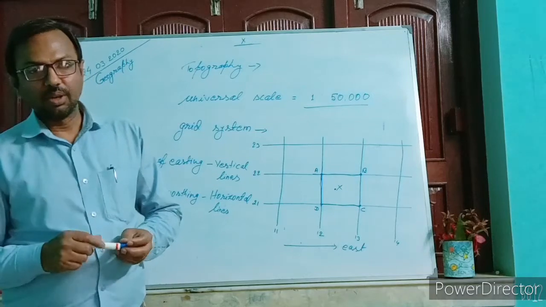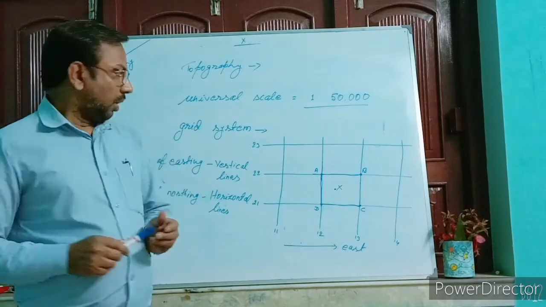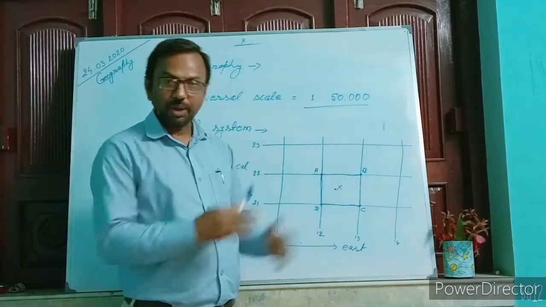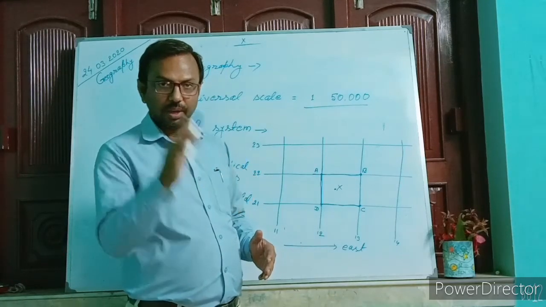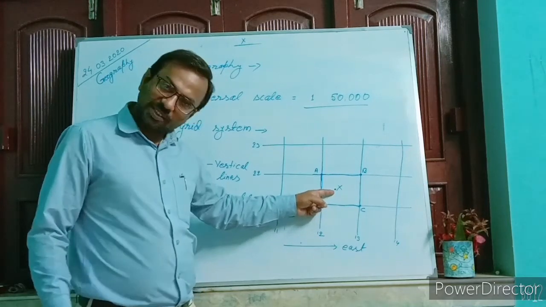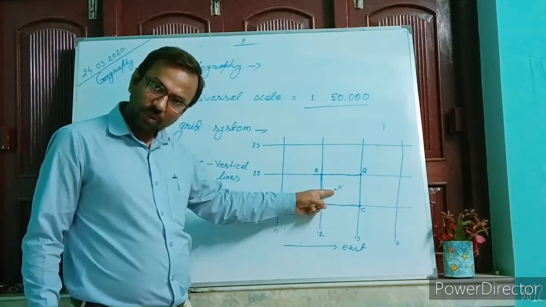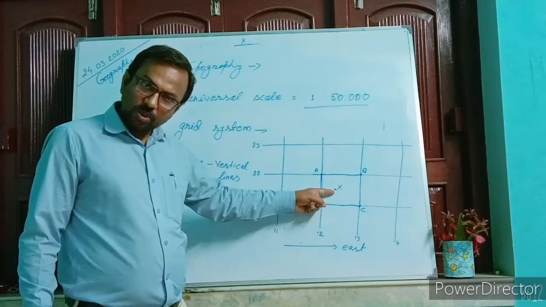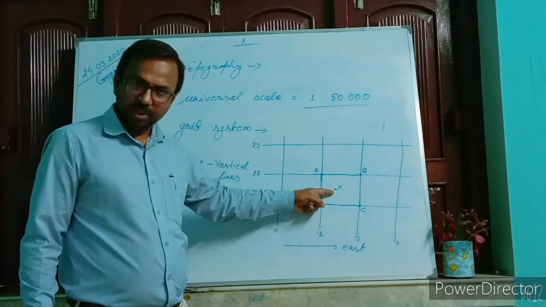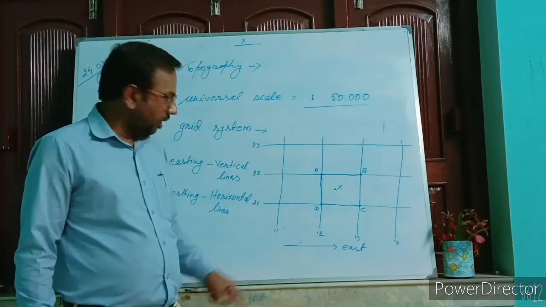First of all, we'll learn how to locate the places by 4 grid reference. In other words, what is the 4 grid reference of this place X? We write the values of line of easting and line of northing consecutively.